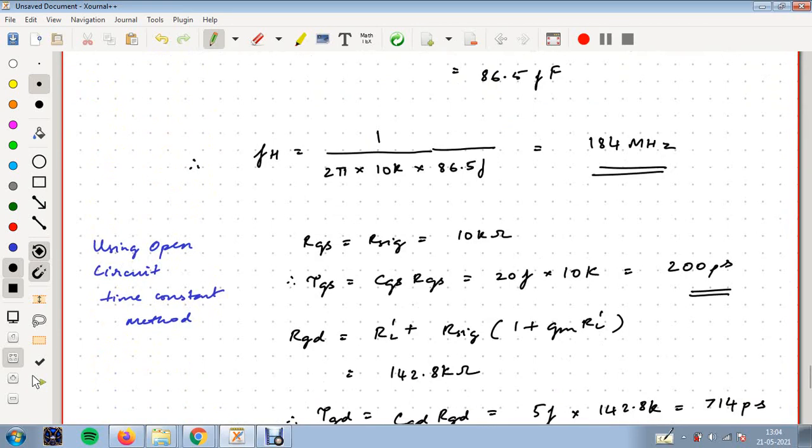That is why you need the third analysis, exact analysis, but it's not in your syllabus. If you look at the textbook, after applying the exact analysis to this, we get FH as somewhere around 138 megahertz. So obtaining FH through the open circuit time constant is a little more accurate compared to Miller's method.